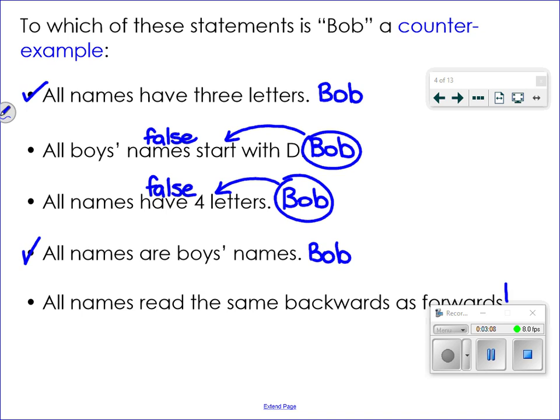Well, again, Bob does read the same frontwards as backwards. So that statement strengthens our argument. The only 2 statements there where Bob is a counterexample and proves the statement false would be these 2 statements here. All boys' names start with the letter D, and all names have 4 letters.